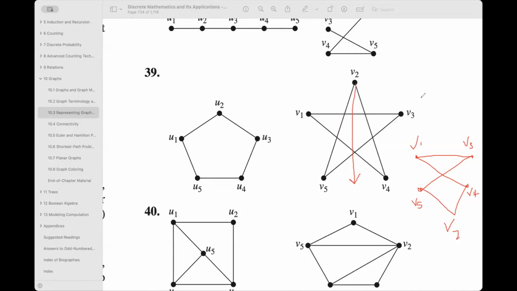There are some things that can tell you if two graphs are isomorphic. One thing is degrees. So this has the same number of vertices, same number of edges. Each vertex has a degree of 2, so that's a good sign that it might be isomorphic. But these can only give you clues.